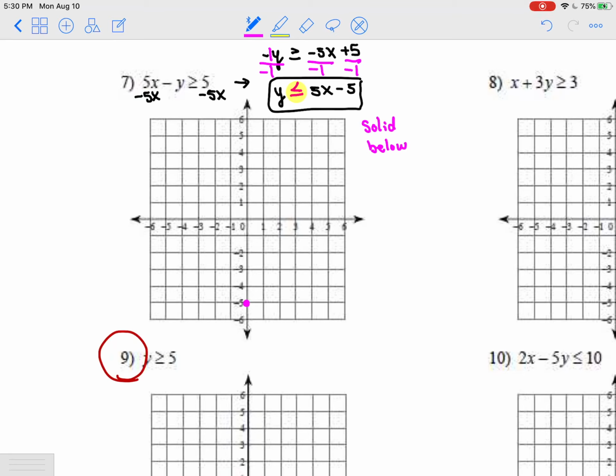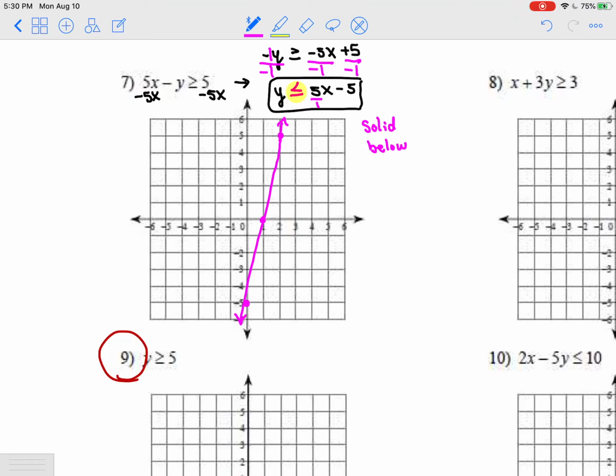It looks like our y-intercept is at negative 5, and we have a slope of 5, or 5 over 1. So we're going to go up 5 and over 1 positive. Up 5 over 1 if we wanted to do two of them. And we just decided that we needed a solid line, so we're good there.